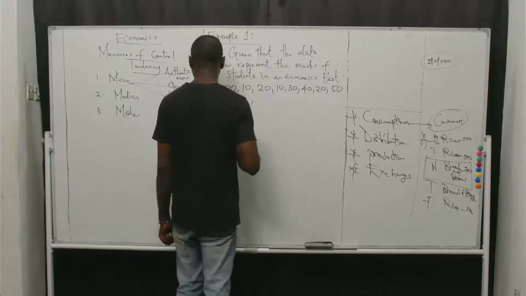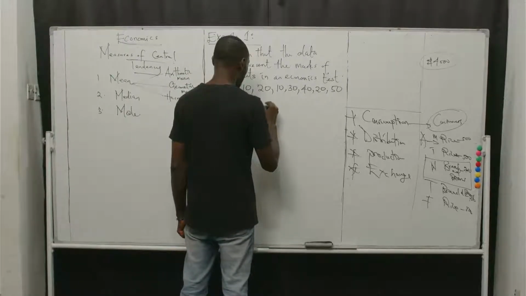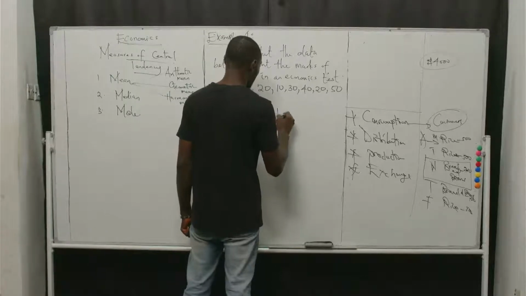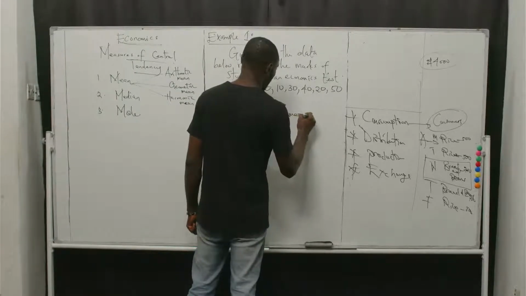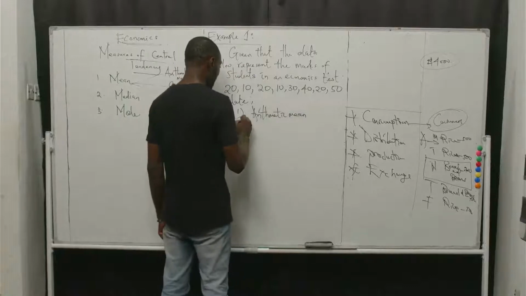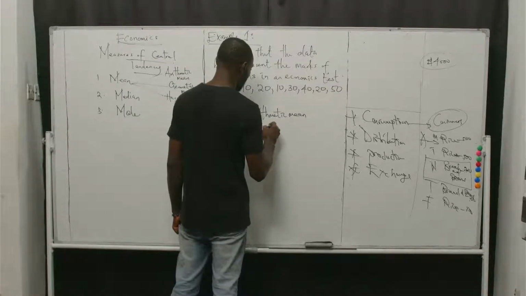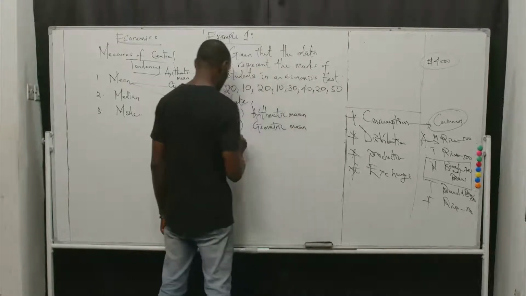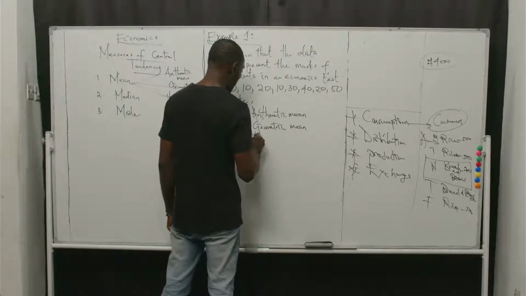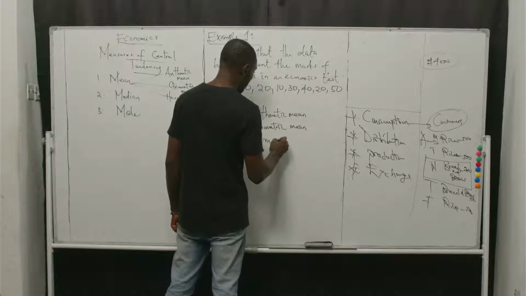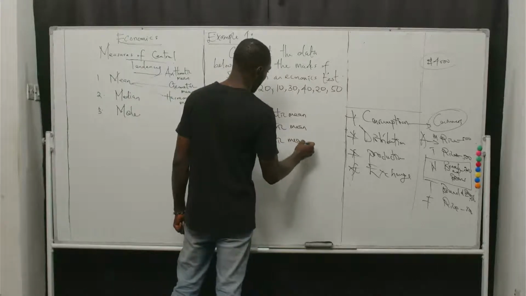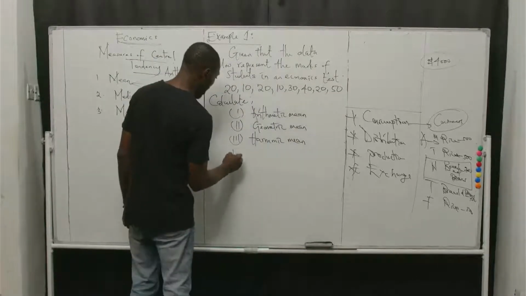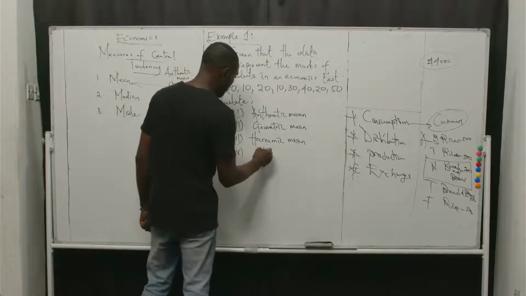I, arithmetic mean. II, geometric mean. III, harmonic mean. Then IV, median.